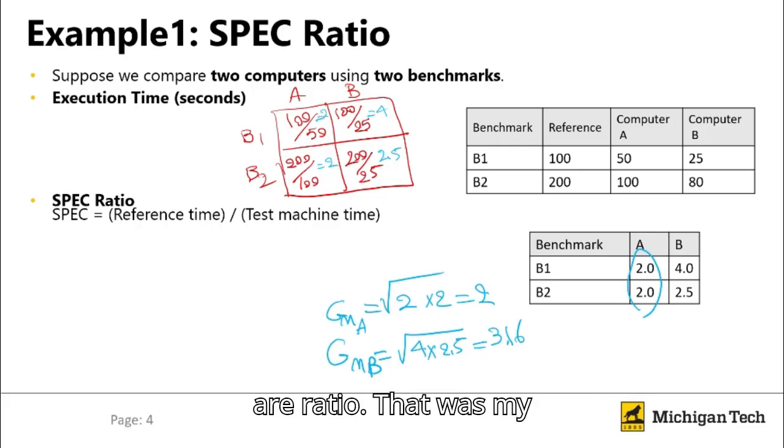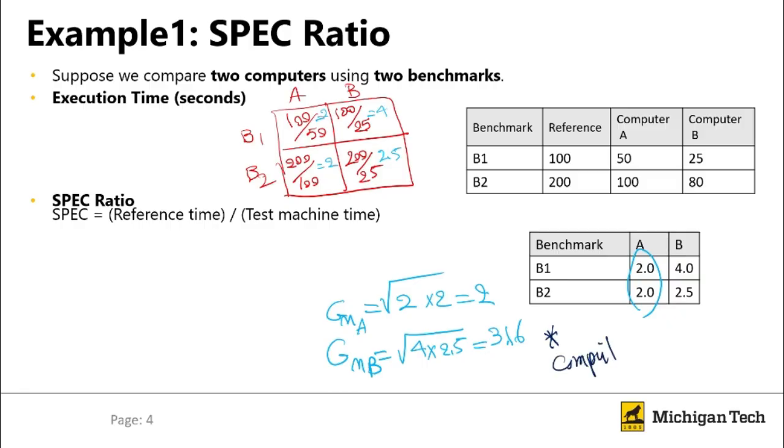That was my question. So the important part is that one. Because we are comparing ratios, any of these that is bigger shows higher performance. So computer B is faster.